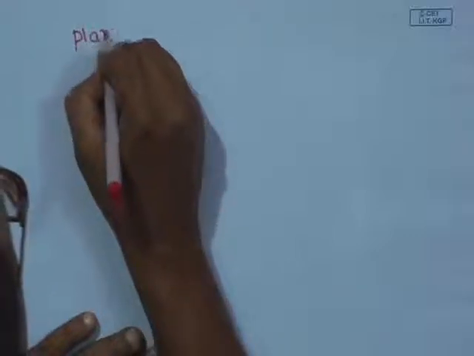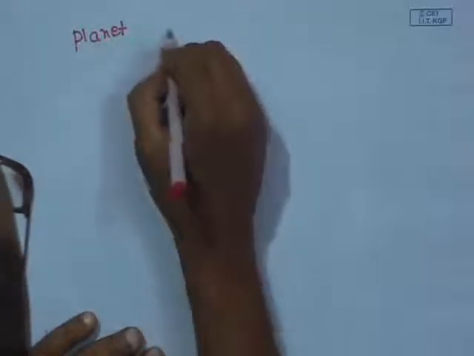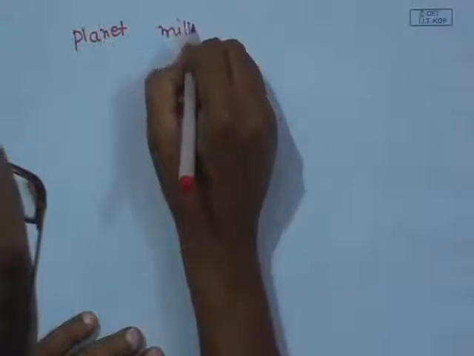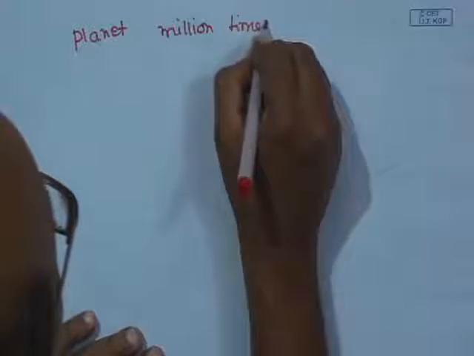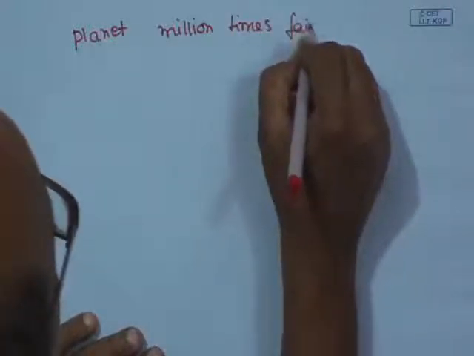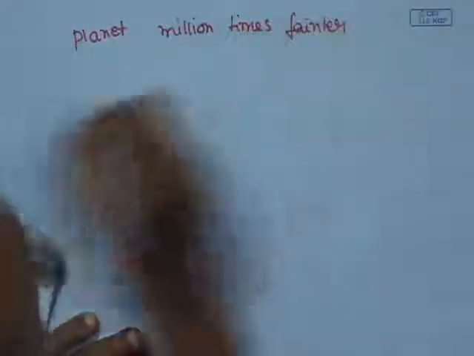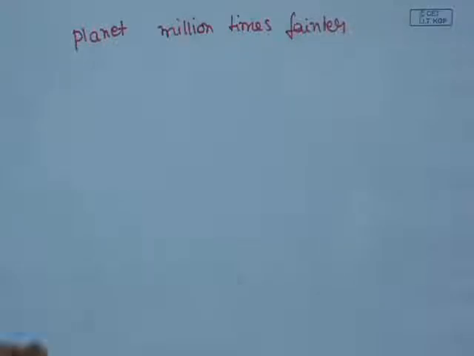They do not emit light of their own, and a planet is at least around 1,000,000 times fainter than the star which it is orbiting.